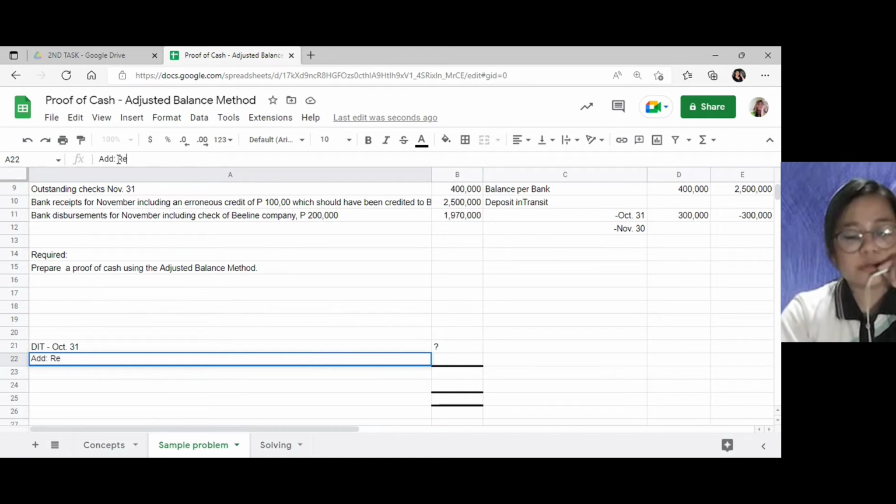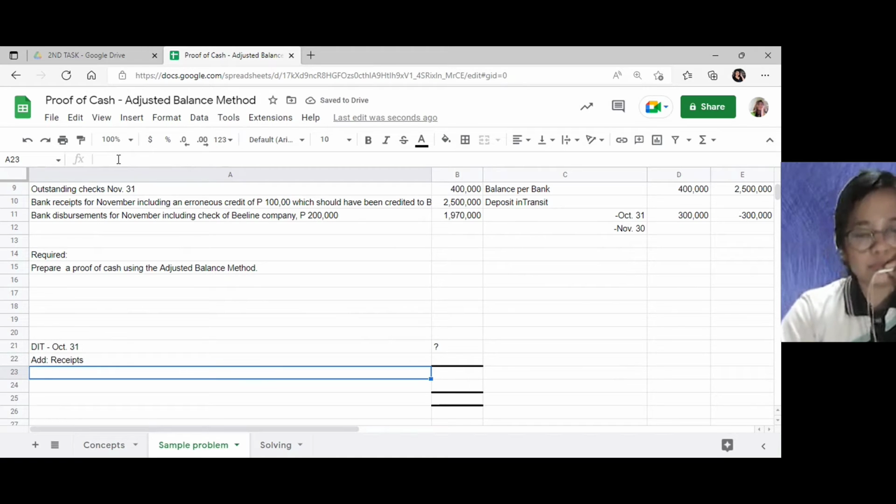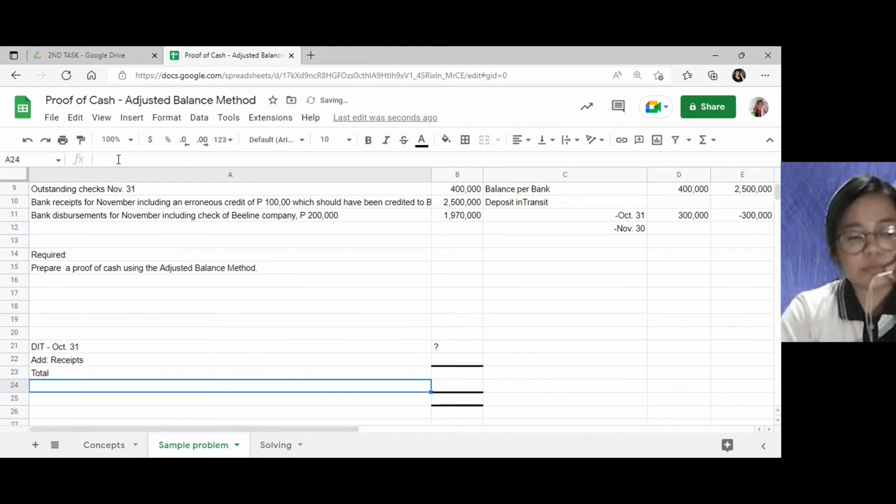In this case, November 30, so let's start with the deposit in transit last October 31, which is 300,000. The next thing to do is to add the cash receipts deposited by the entity to the bank. So take note, we will eliminate the receipts which have not been deposited by the entity to the bank.